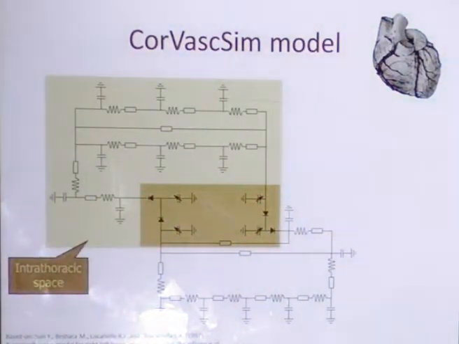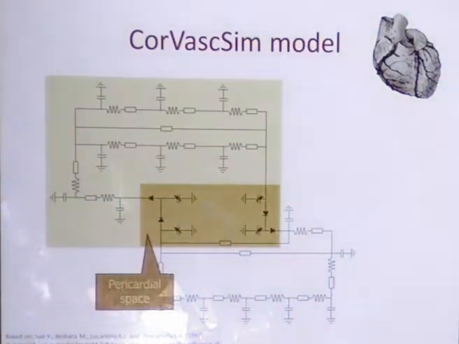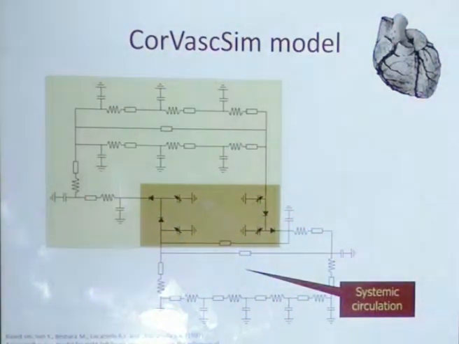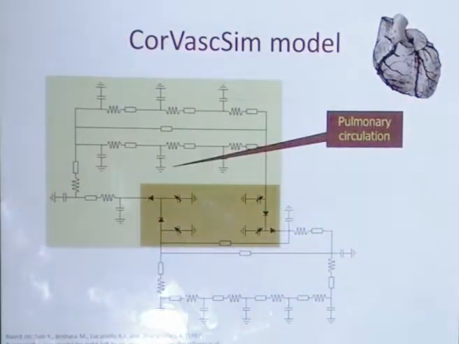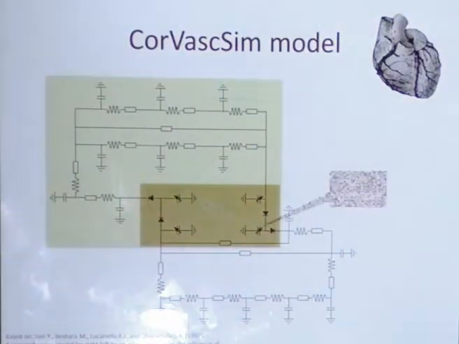The light yellow part is the intrathoracic space. The dark yellow is the pericardial space. And then we have the systemic circulation there, and the pulmonary circulation within the thoracic compartment.